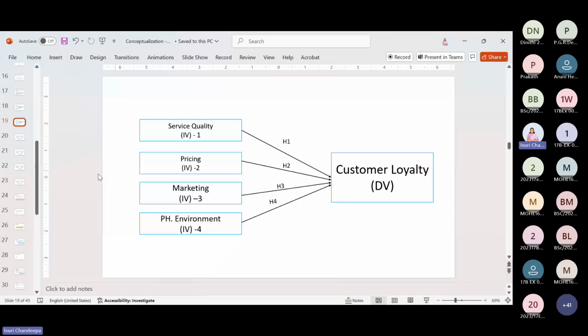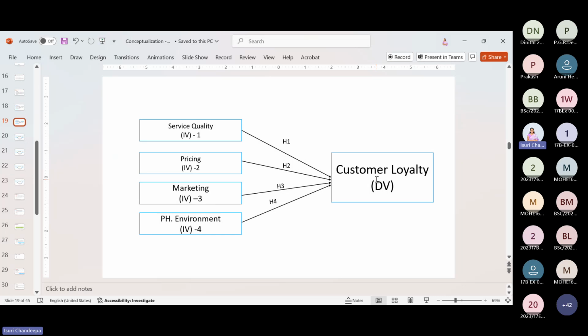Determinants for the customer loyalty, or factors affecting the customer loyalty in the manufacturing companies in Sri Lanka, in the banking industry in Sri Lanka, and likewise. Or else you can include service quality, pricing, marketing, and the physical environment on the customer loyalty. So there are 4 independent variables. You include the impact of service quality, pricing, marketing, physical environment on the customer loyalty in the banking industry.